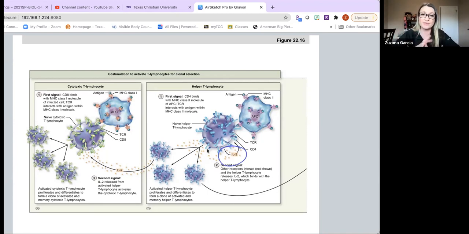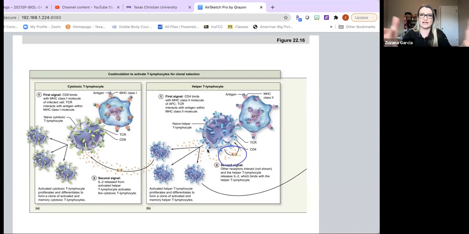So should you become exposed to the same pathogen again, you now have thousands and thousands of cells that have the memory of it and can start the immune response much faster.